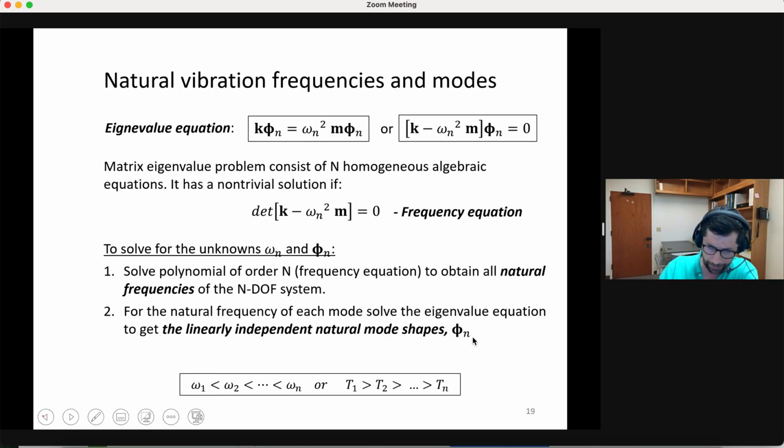So, do you understand that this problem, meaning finding that the determinant of this matrix is equal to 0, will be a polynomial equation, which is also called the frequency equation.